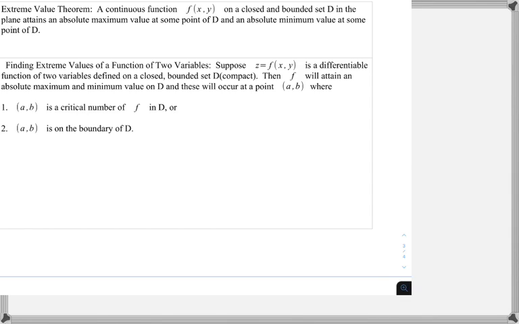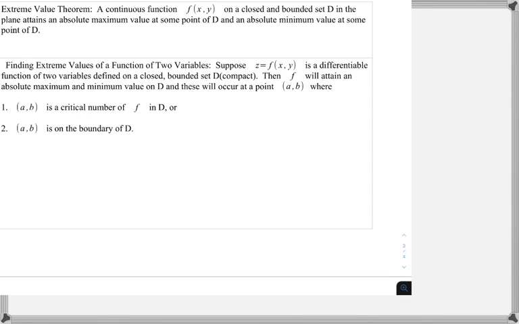Finding the extreme values of a function of two variables. So this would be kind of our procedure. Suppose z equals f of x, y is a differentiable function of two variables defined on a closed, bounded set D, compact.